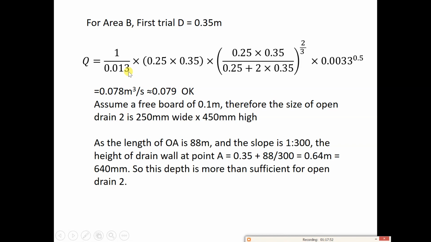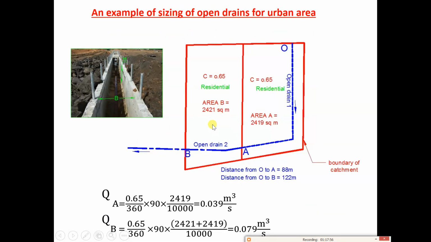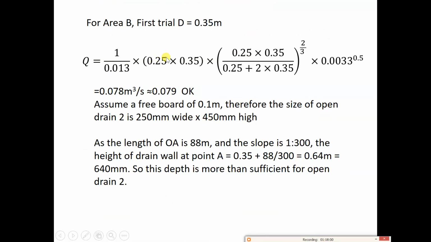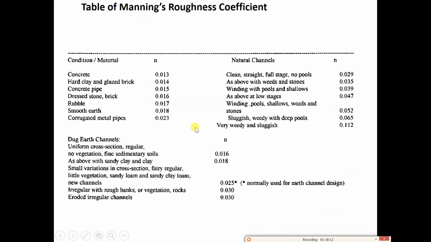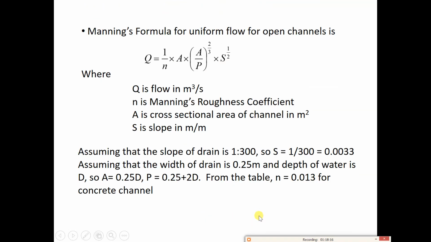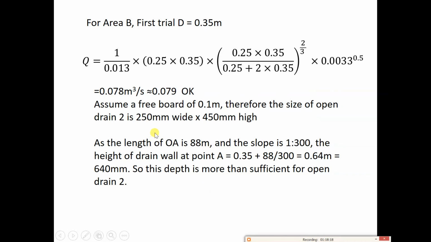We repeat the same thing for area B. Now the area will be more. We need to satisfy the Q of 0.079.